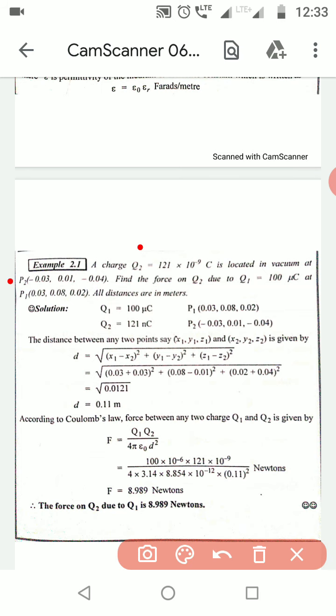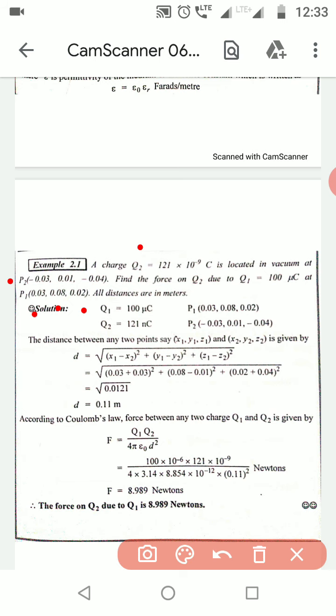These are the coordinates, and that point is in space. Find the force on q2 due to another charge q1 of value 100 microcoulomb at a position p1, 0.03, 0.08, 0.02. All distances are in meters.